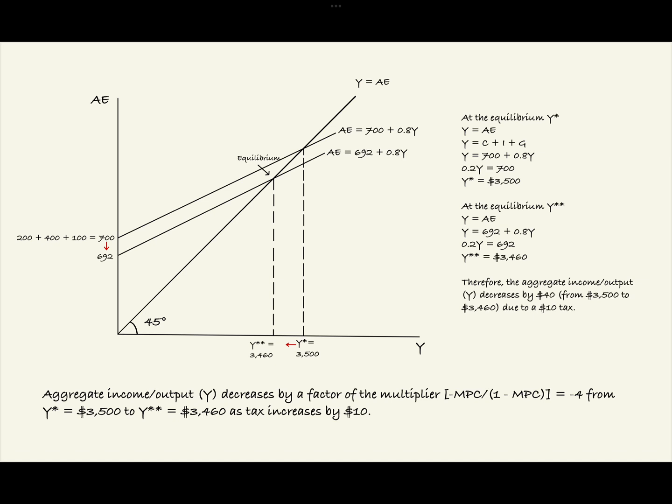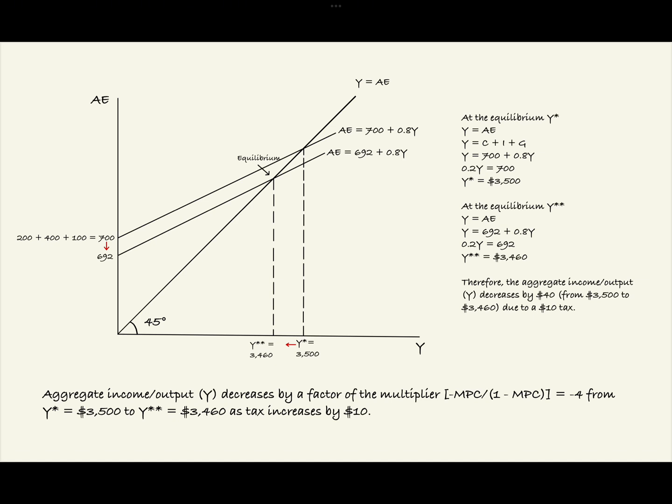After subtracting both sides of the equation by 0.8y, we have 0.2y equals 692. After dividing both sides by 0.2, we have y double star, our equilibrium aggregate income or output, equals $3,460 after the government imposes a $10 tax.